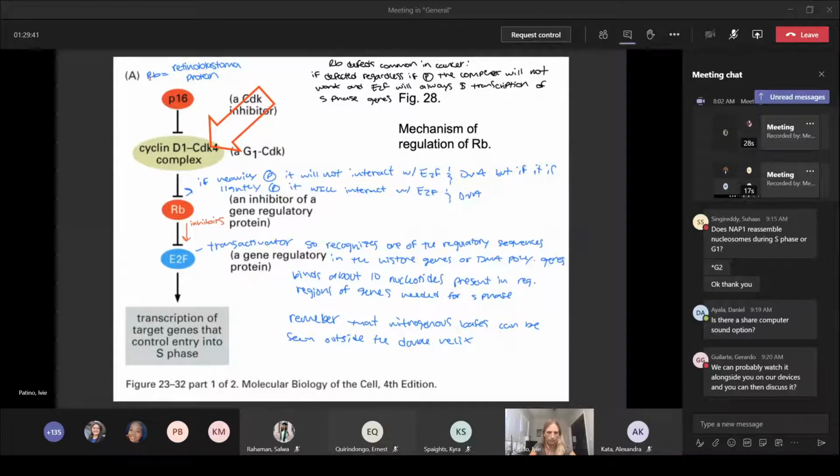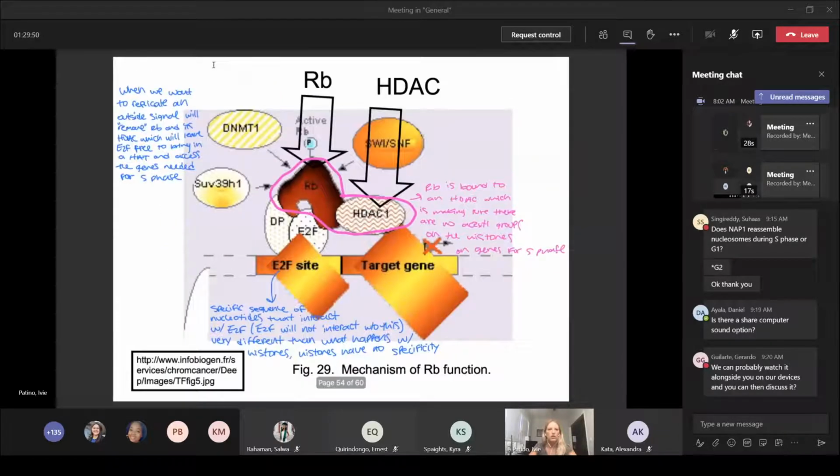RB stands for retinoblastoma protein because it was first found in retinoblastoma, but it's actually present in a lot of cancers. When we want to replicate, an outside signal will remove RB and its HDAC, which will leave E2F free to bring in the HAT and access the genes needed for S phase.